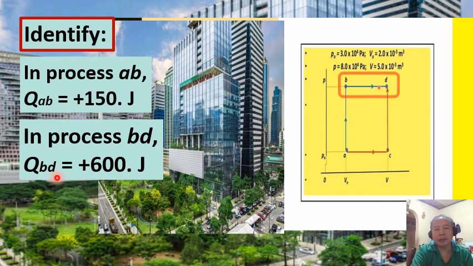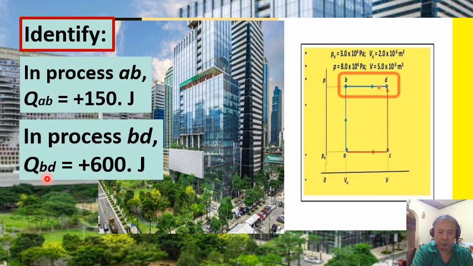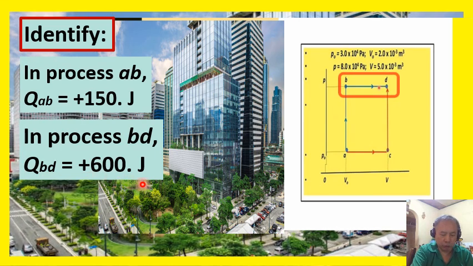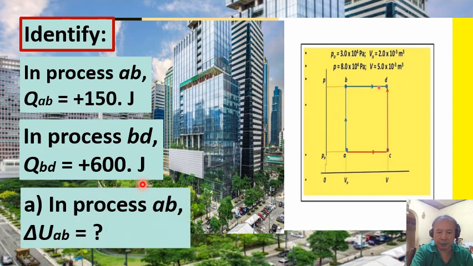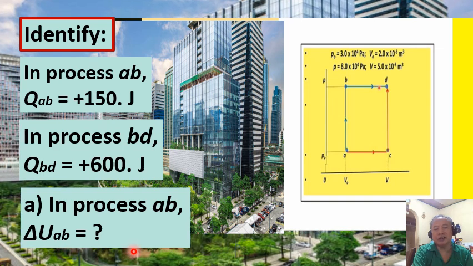And the heat absorbed by the system is denoted by capital Q sub BD equal to positive 600 joules.